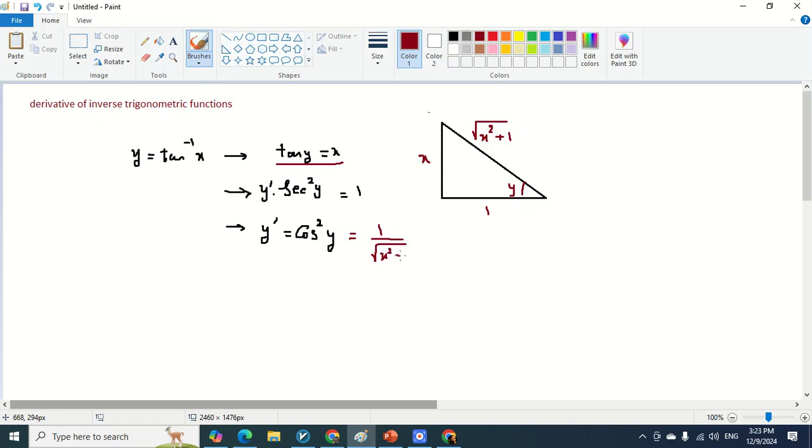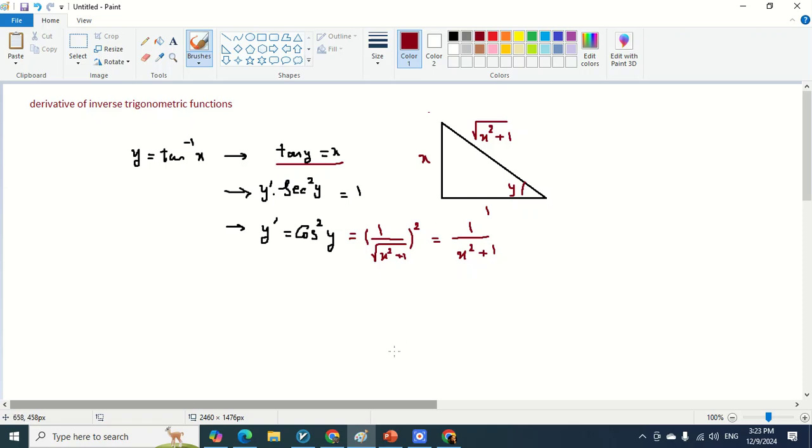This is going to be the cosine, so it's cosine squared, so I just square this expression, and the result will be 1 over x squared plus 1. This is very important in integration, so we will have this type of expression in integrals too much, so it's better to keep in your mind that the derivative of tangent inverse is 1 over x squared plus 1.